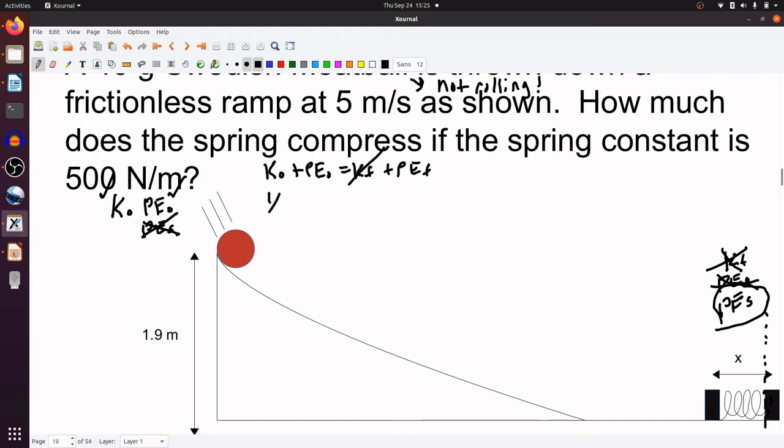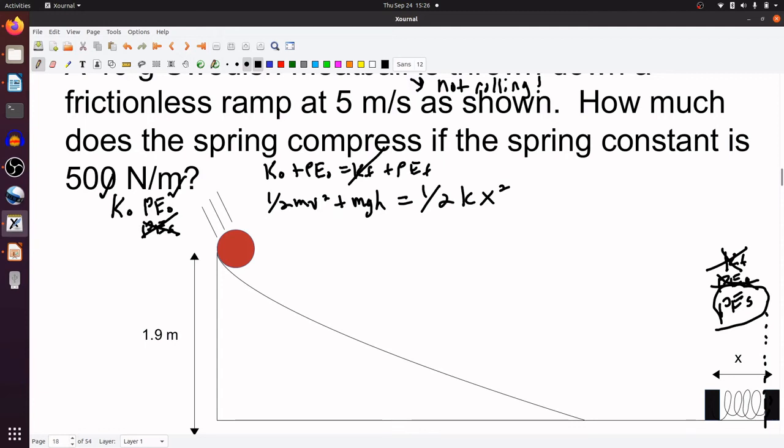So that's going to give me 1/2 mv squared plus mgh equals 1/2 kx squared. Mass isn't canceled now because now we're dealing with a spring, which mass isn't part of. I need to solve that for x squared, so I can multiply both sides by 2, divide by k, and take the square root.